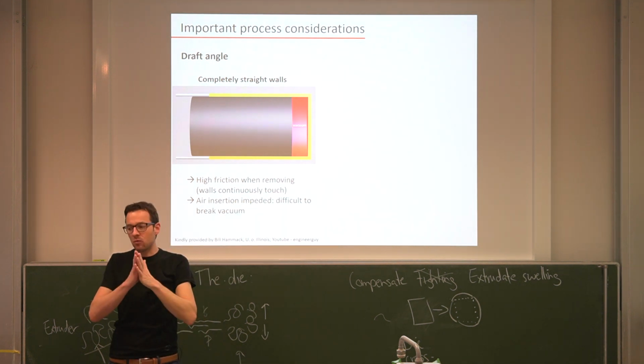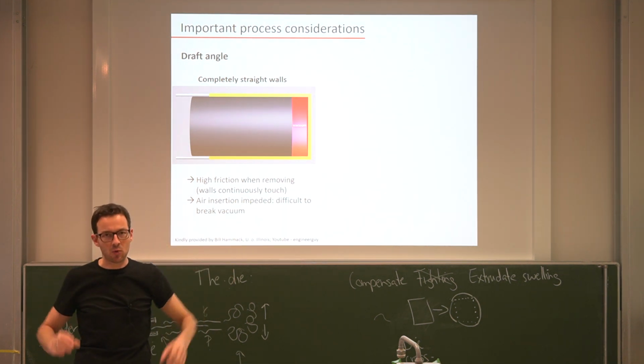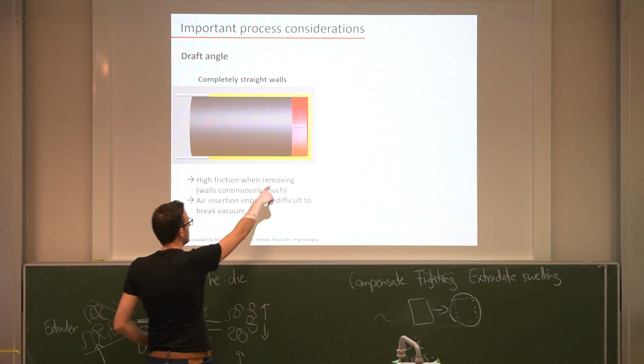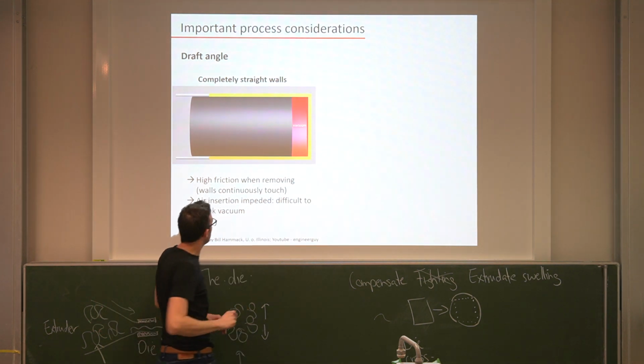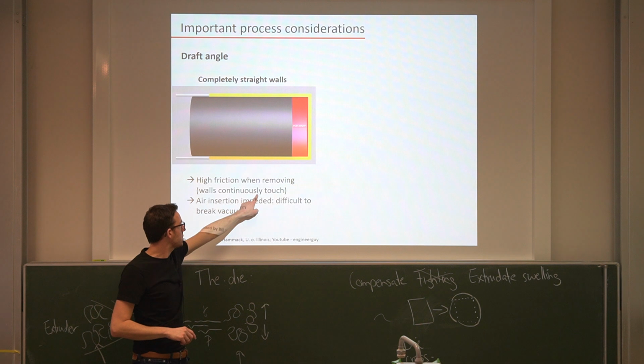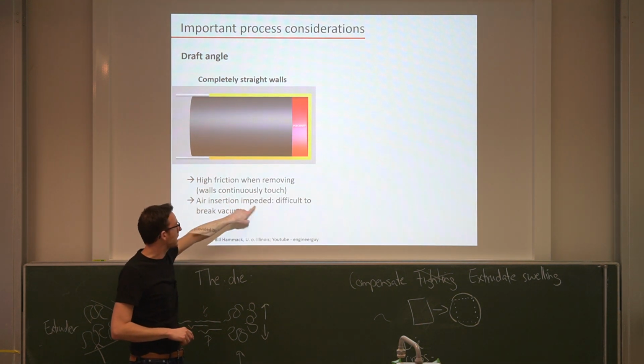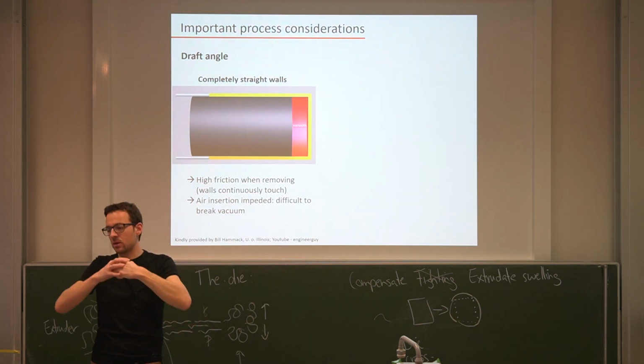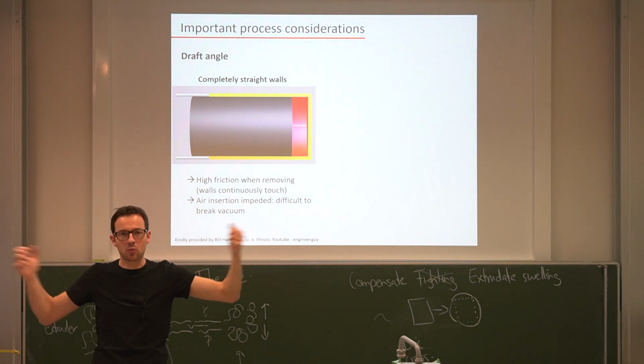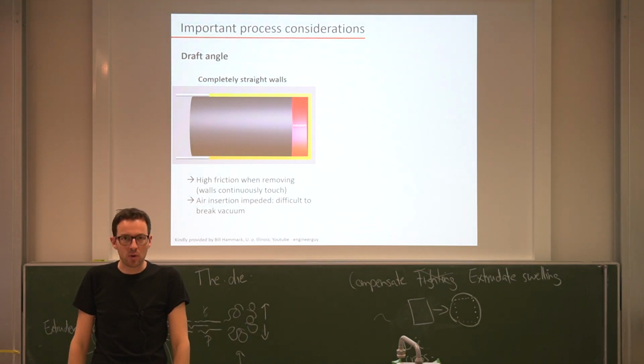And that will make it very difficult to completely separate your filled form or your product from the mold. So if the walls continuously touch, first of all, you have high friction, and secondly, you do not get air in, and that means you need to work against vacuum, and you cannot break it easily, and that's a problem.